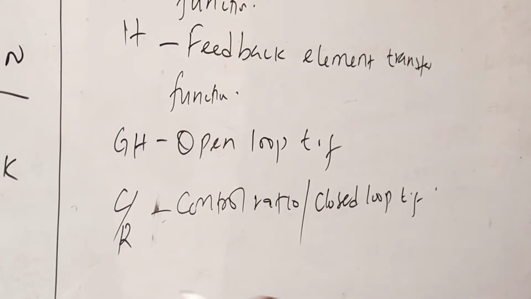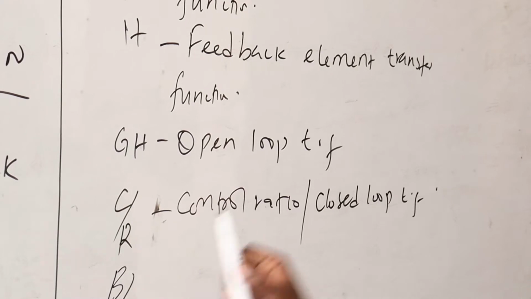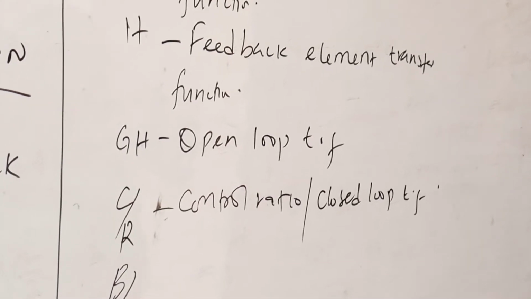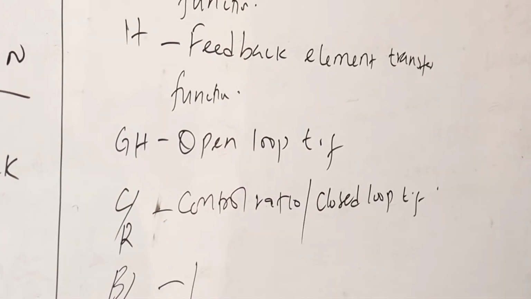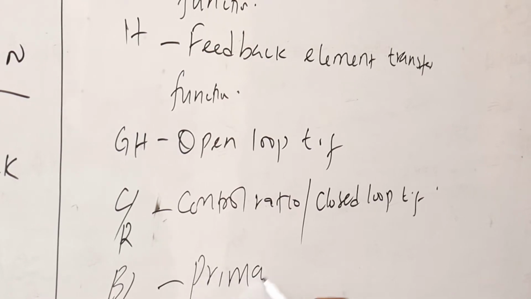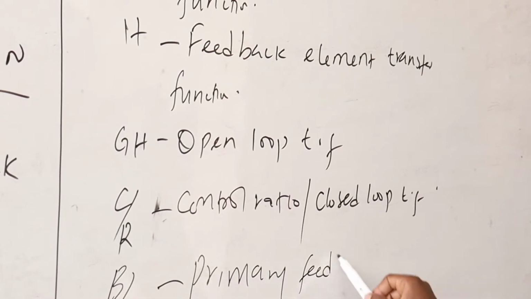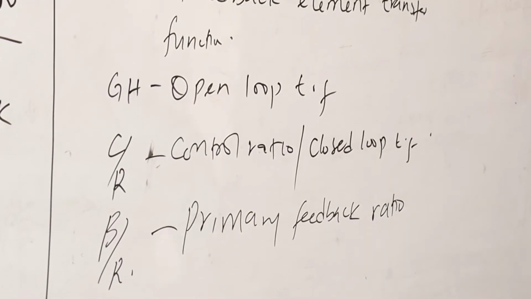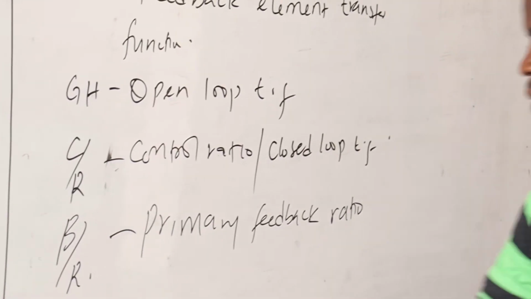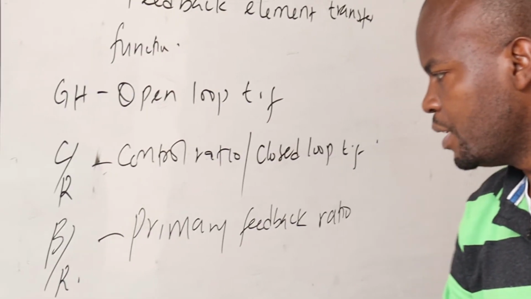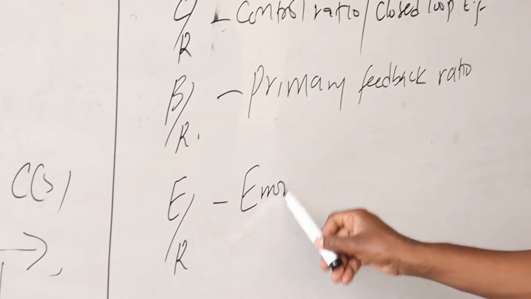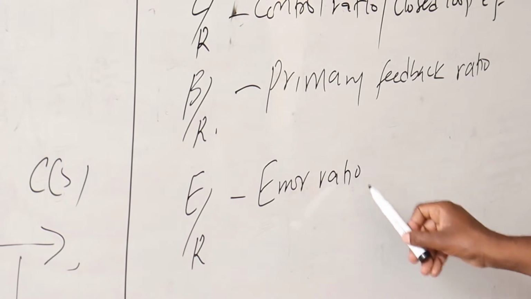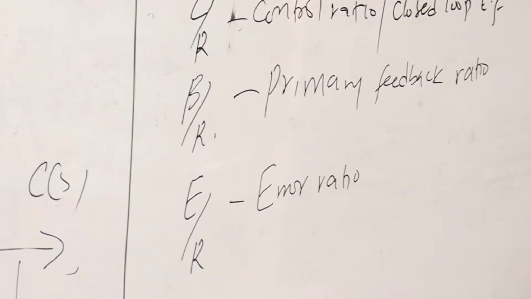Then we also have B over R, which is the primary feedback ratio, and then we also have E over R, which is what we refer to as the error ratio.